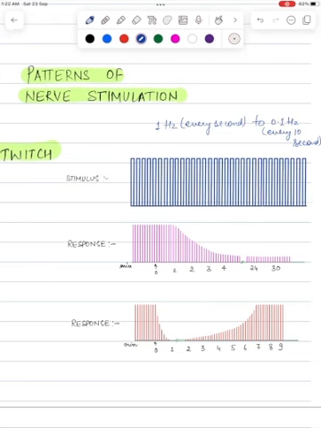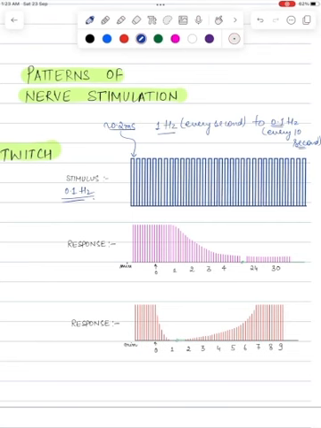As you can see, the topmost panel shows the stimulus, and each stimulus usually lasts for around 0.2 millisecond. The duration of each of these square rectangular waveforms is 0.2 milliseconds, and the frequency ranges from 1 hertz to 0.1 hertz. Generally recommended frequency is 0.1 hertz.